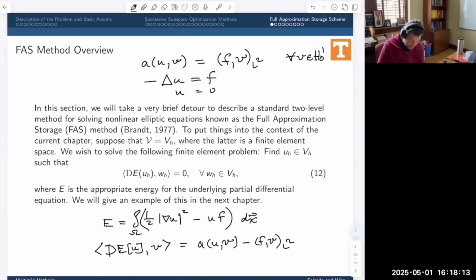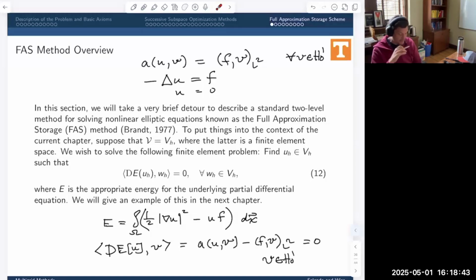And we want to set that equal to 0. And of course, it has to hold for all v in H01. This allows us to realize that essentially this PDE is the Frechet derivative, in some sense, of this energy set equal to 0. I have to set it equal to 0 in order to get the f onto the right-hand side.